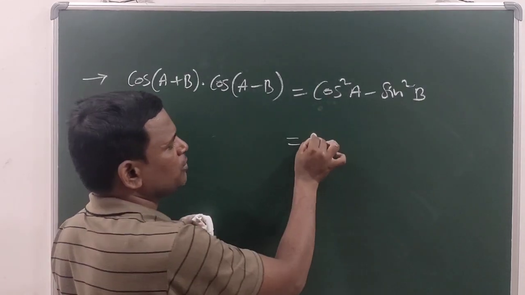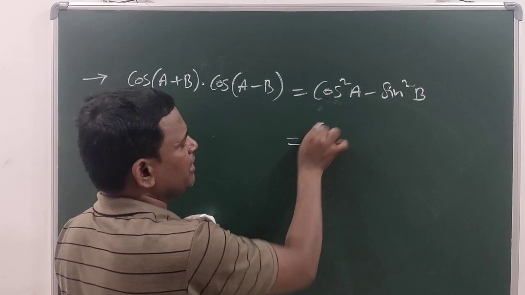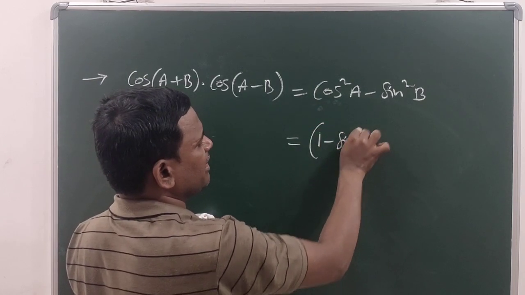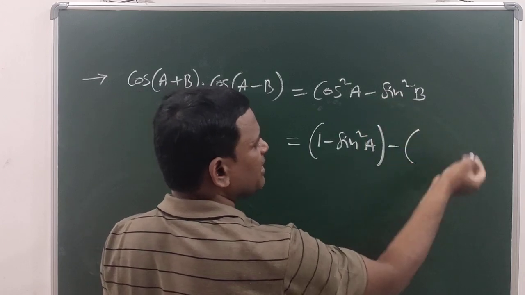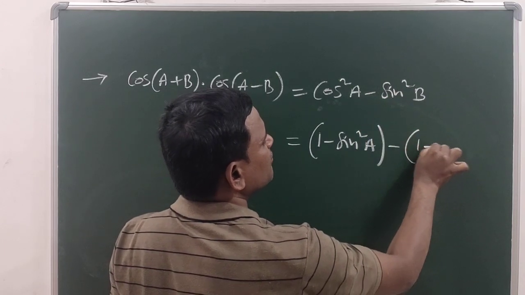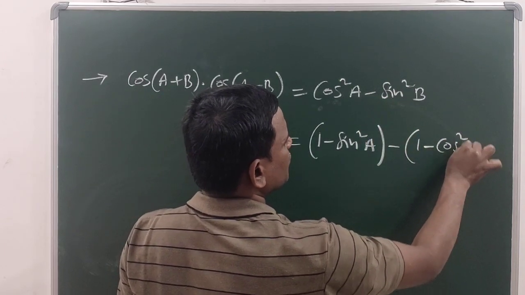From that, this can also be written: cos square A you can write as 1 minus sin square A. And if you express sin square B in terms of cos, 1 minus cos square B, you will get.